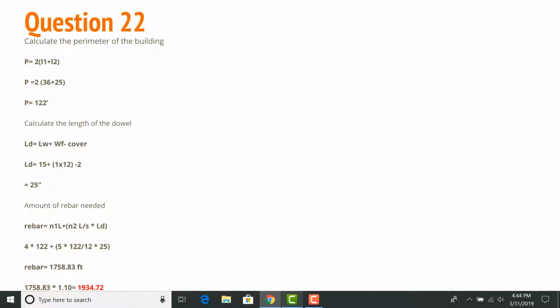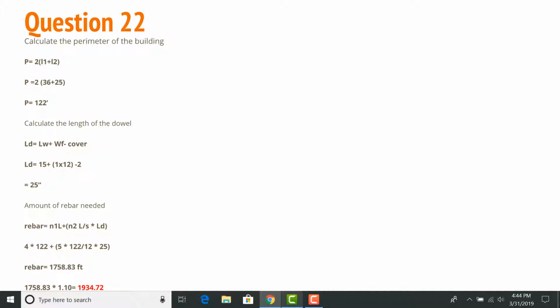And then the amount of rebar needed, I wrote it down as a formula. Rebar is equal to N1L plus N2L divided by S times the length of the dowel.